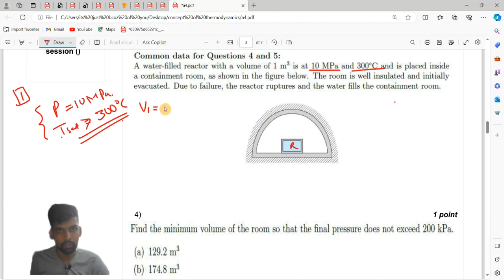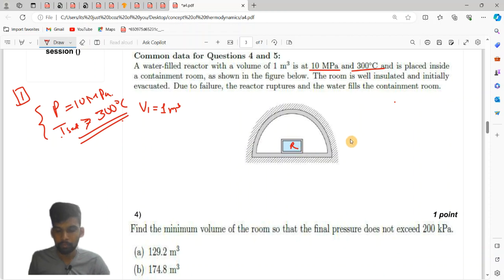Volume at state 1 is 1 meter cube for our water. From here we can calculate the specific volume at this state, but let me explain two more important things. What we have is an evacuated space. When we rupture the reactor, the water, being in a compressed state, will try to expand.